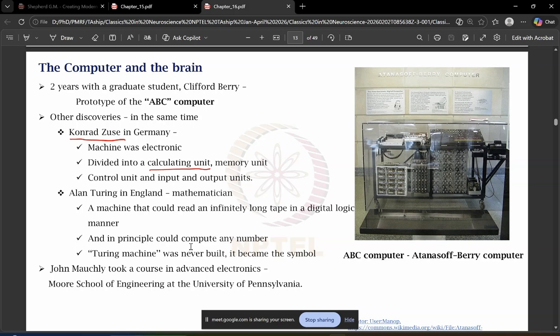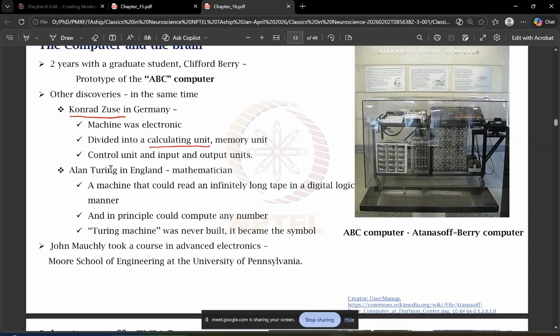Therefore this kind of Turing machine cannot exist in practical real life. However, in principle or in theory, there could be a Turing machine which can carry out this process, in which it reads an infinitely long tape using digital logic.